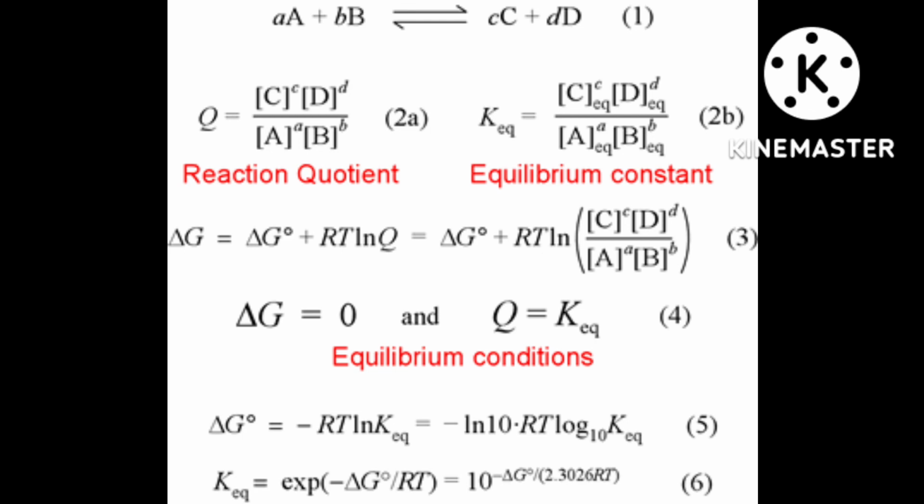Now you got the Kp value, then you just have to substitute the value in the formula: delta G is equal to minus RT ln Kp. Now the Kp value is known, and you will get 1.33 atmospheric pressure.